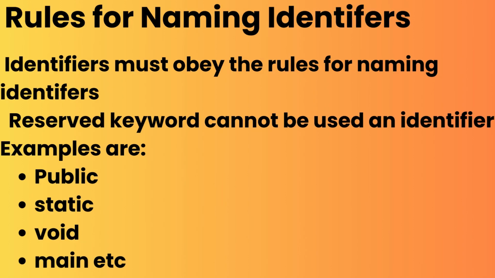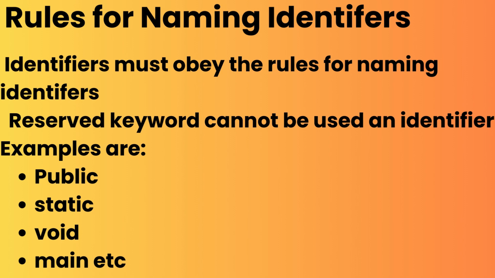Rules for the identifiers. Identifiers must obey the rules for naming. The first rule: a reserved keyword cannot be used as an identifier.